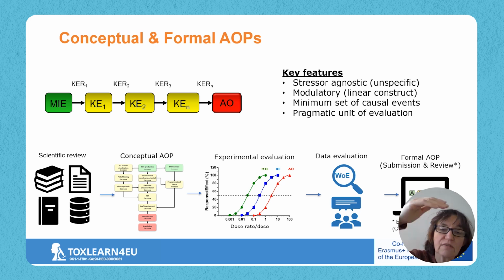Also at an earlier time point and at a lower level of biological complexity. The weight of evidence building is needed in order to have it submitted for review and to get it formalized into a formal AOP.